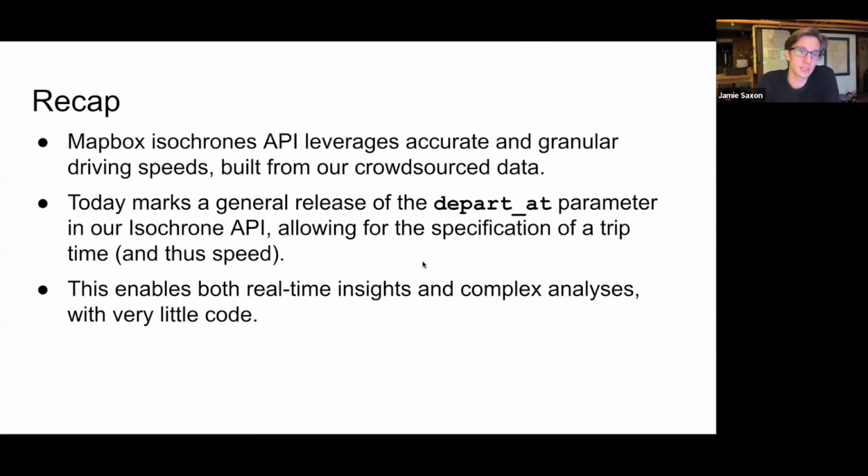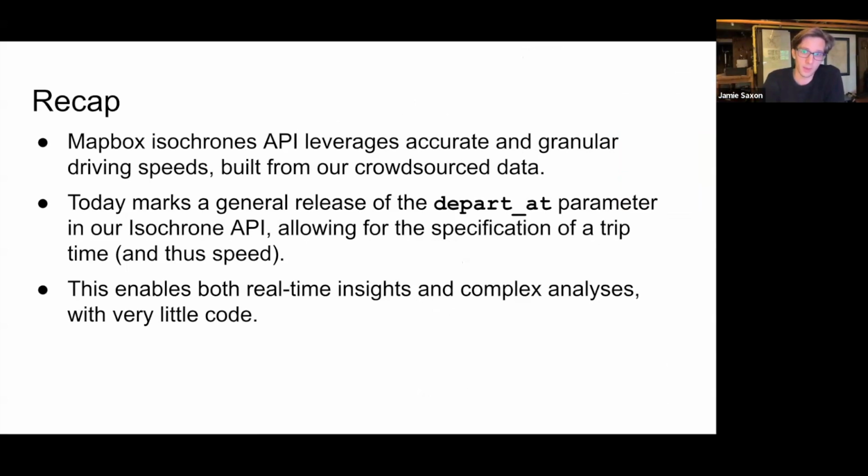Aside from your questions, we've shown you how the Mapbox Isochrone API leverages this entire data ecosystem from the raw telemetry up through the driving speeds, and then puts it out in a very approachable form, I think.